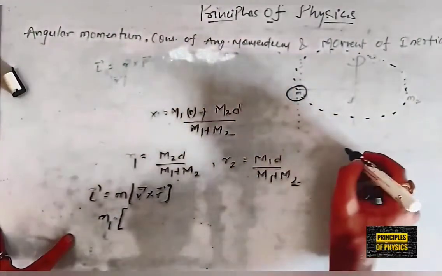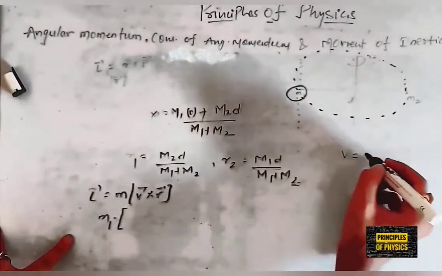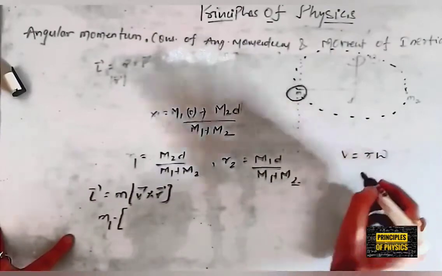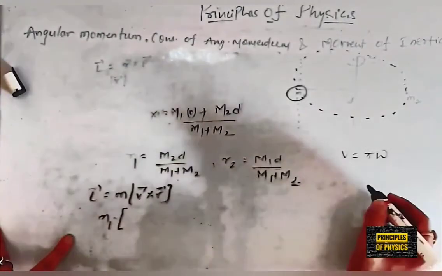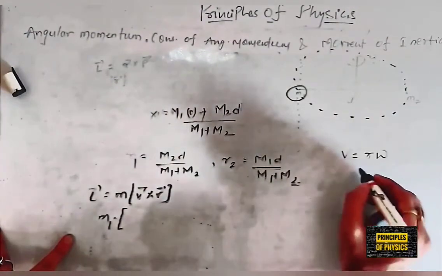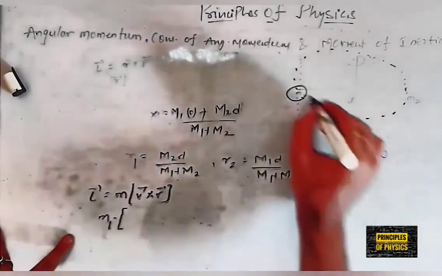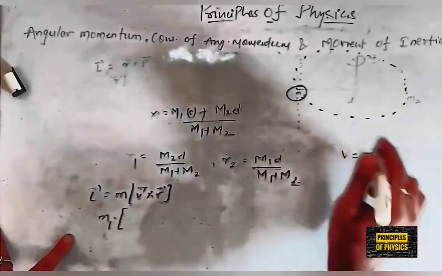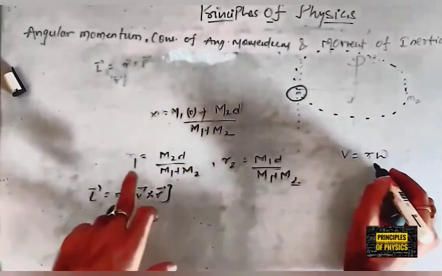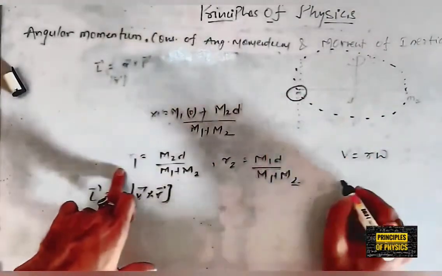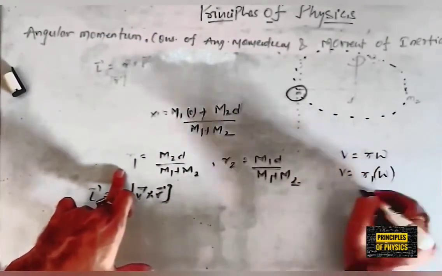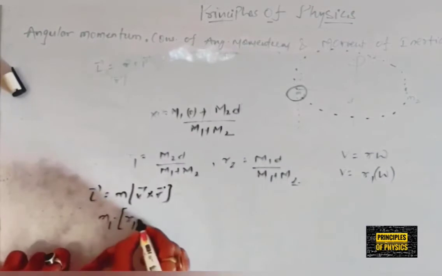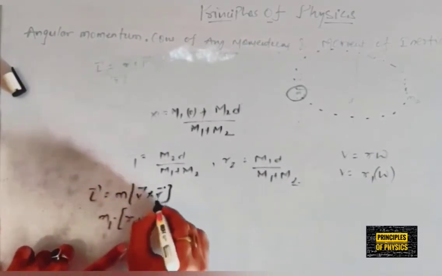So v equals r omega, and for the m1 particle v equals r1 omega, that is r1 omega into r1.